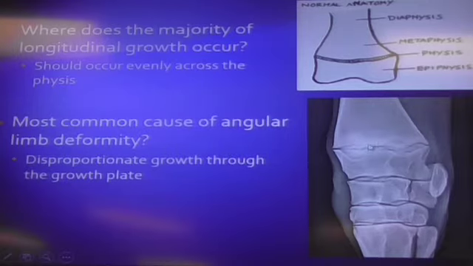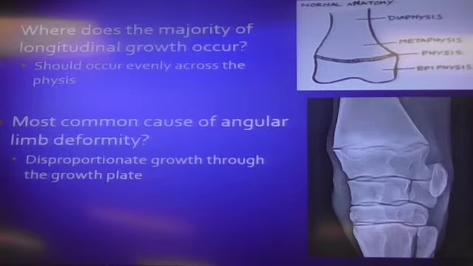You see the sclerosis right here, the more radiopaque part? That's an indicator of inflammation in that area, which can occur for a couple of different reasons, we'll talk about that a little later. It's usually not a septic process, just an inflammation that happens in that growth plate: physitis, itis being inflammation of the physis.